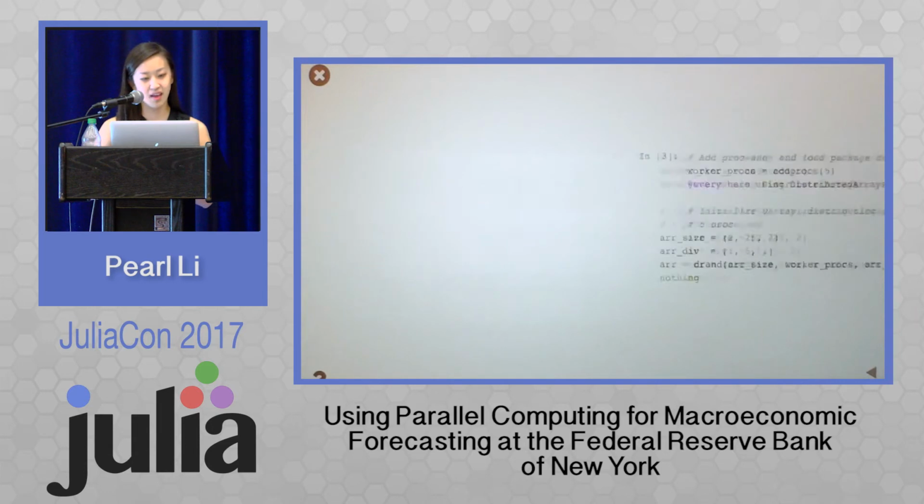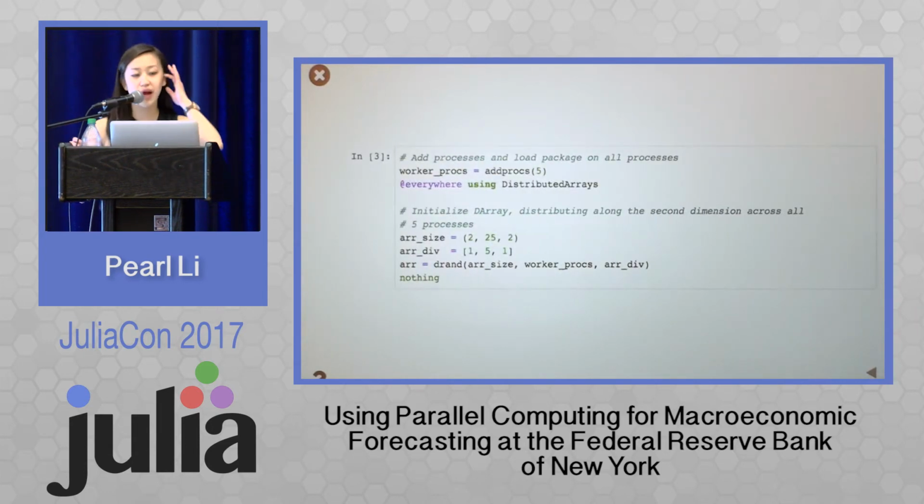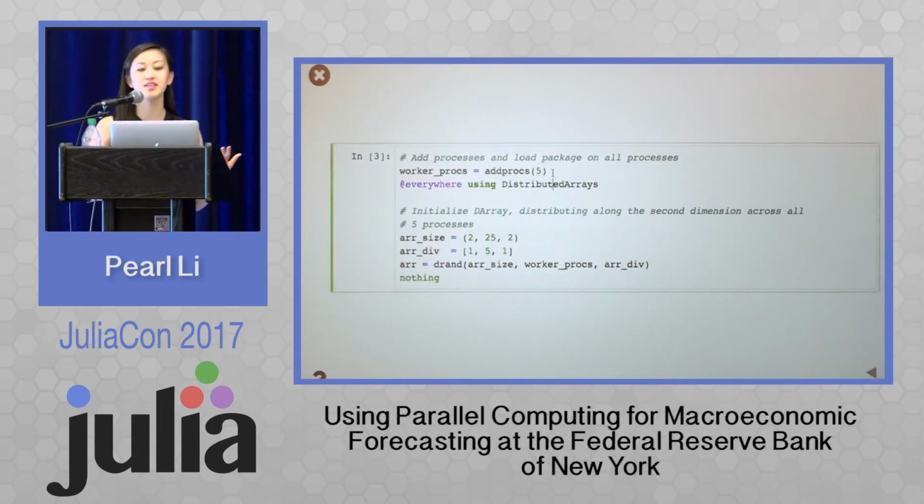Seems great. So just how this looks in practice, we add some processes. We load the package DistributedArrays on each one of them. Then we call this initialization function drand, which just initializes a distributed array of random floats. In this case, we'll distribute our random array across the second dimension.